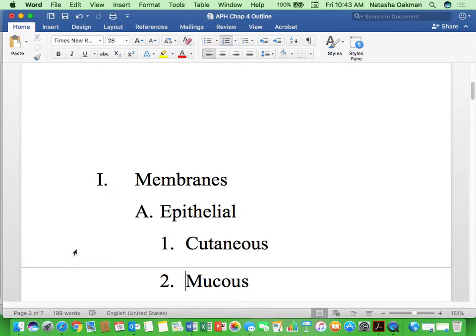Now, with mucosa, the epithelial tissue involved varies depending on the location of the mucosa.